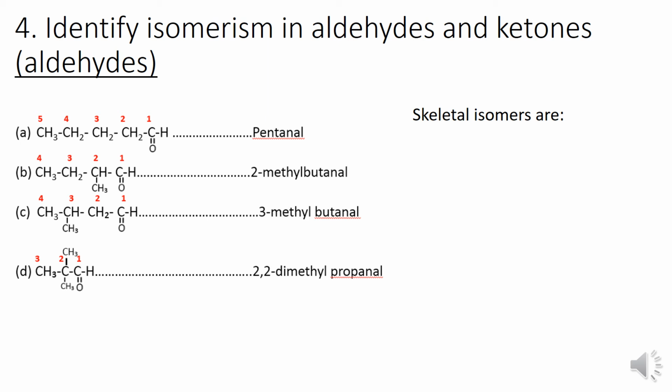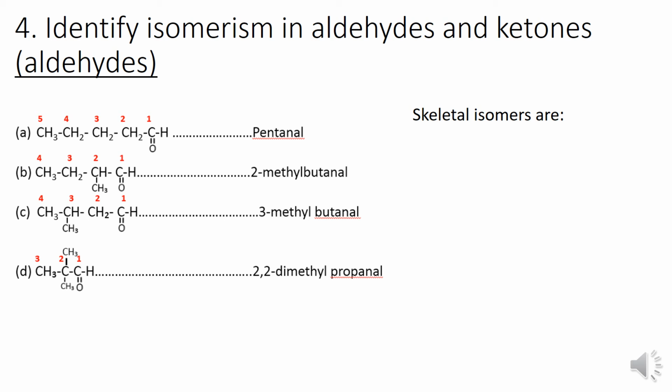So in this case, let's examine the 4 isomers. We see here A has 5 carbon atoms, B has 4 carbon atoms, C has also 4 carbon atoms, so we can't take B and C together. We take only A, B, and let's look at D.